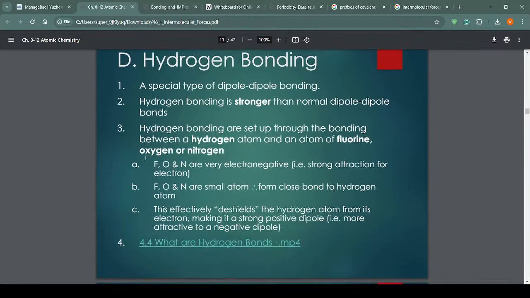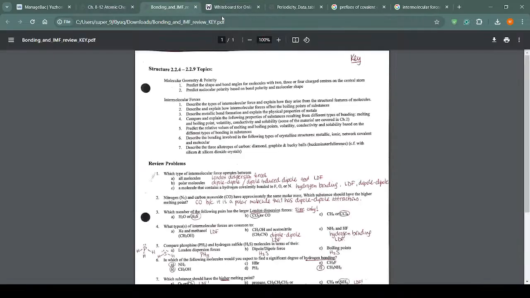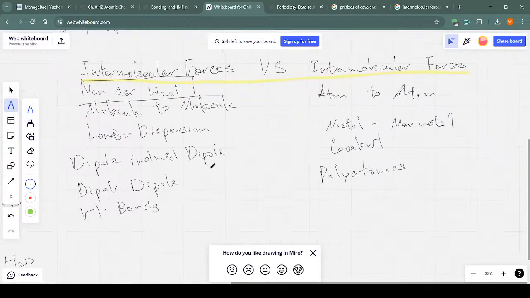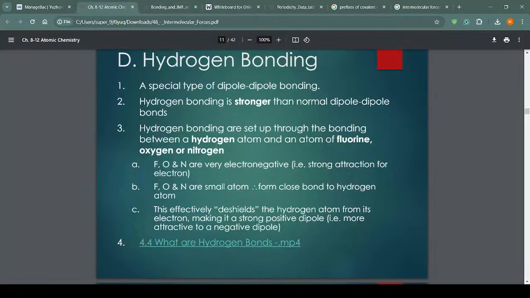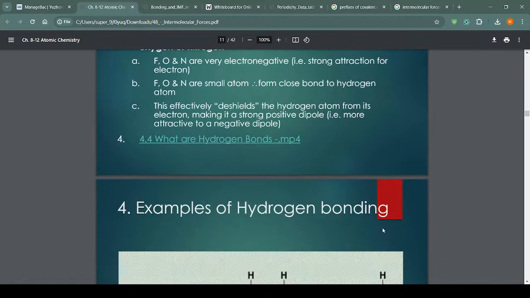Yep, so hydrogen bonding, a special type of dipole. Hydrogen bonding only works with H to N, H to O, H to F. Those are very electronegative. They suck in that hydrogen, making the hydrogen really positive, and that makes a really strong dipole.